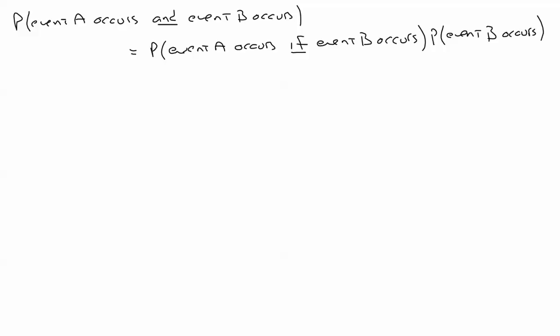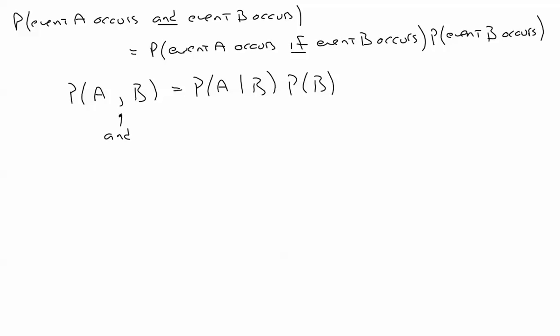It's something I ask you to repeat to yourself over and over again until you convince yourself that it's actually true. So in shorthand notation, this is the probability that A occurs and B occurs. That comma there always means a conjunction. And the probability of A and B equals the probability that A occurs if B occurs, times the probability that event B actually occurs.